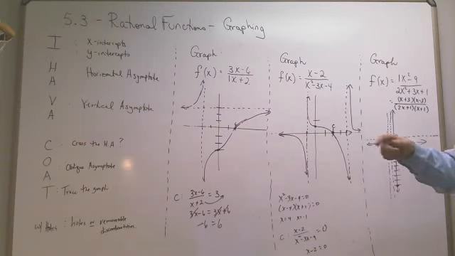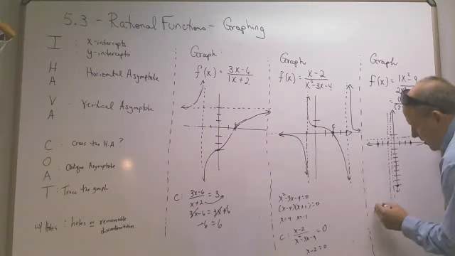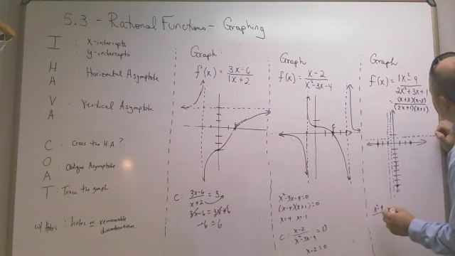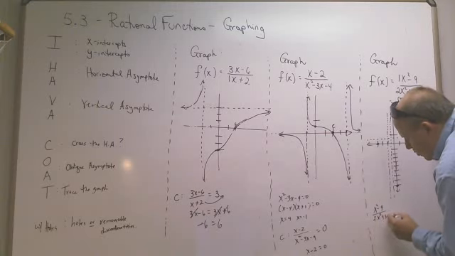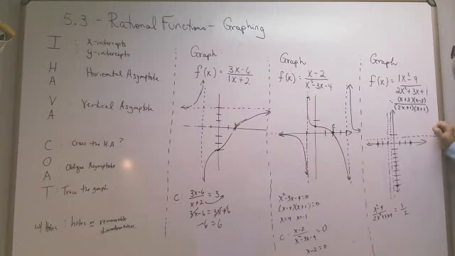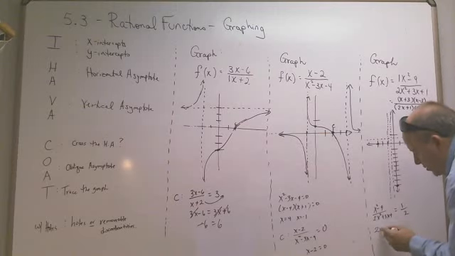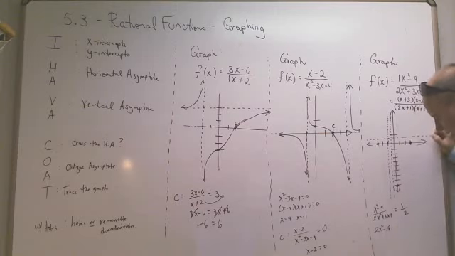Now, does it cross the horizontal asymptote? Well, you would have to set the function x squared minus 9 over 2x squared plus 3x plus 1 equal to the horizontal asymptote, which is 1/2. And if you cross multiply, you get 2x squared minus 18.